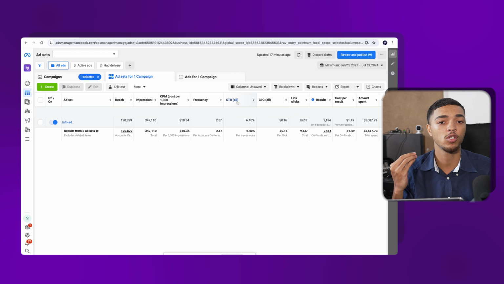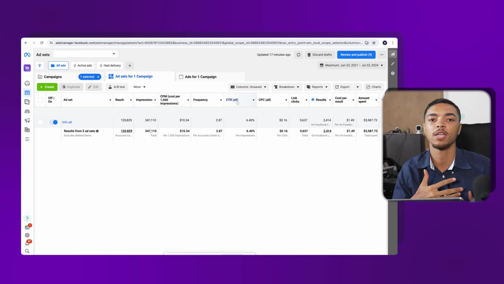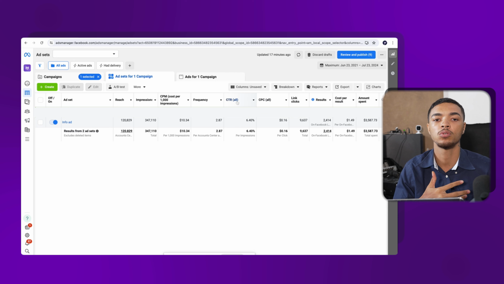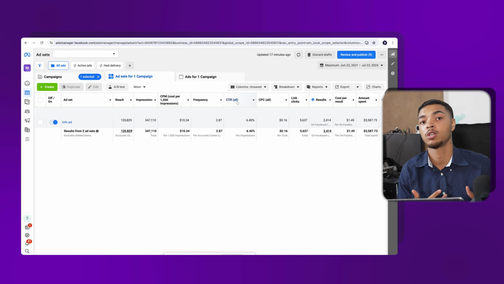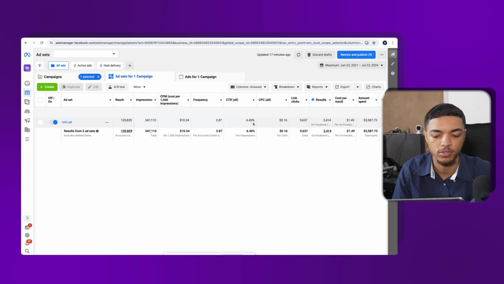You should always go with a goal of what CTR you're aiming for, so that if it's lower than your goal, you know that you need to make some improvements to, like I said, the creative, image, video, or the text. Maybe it's not persuading people, maybe it's not connecting with people, so they just scroll right past.